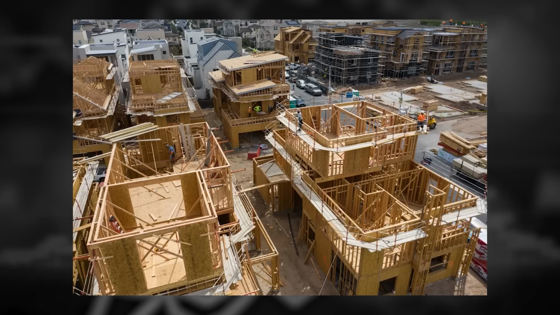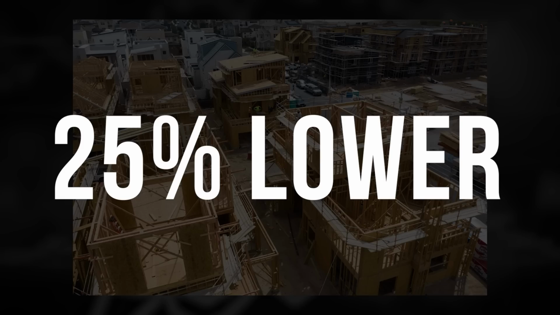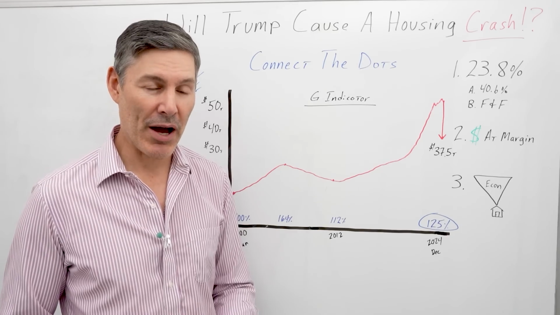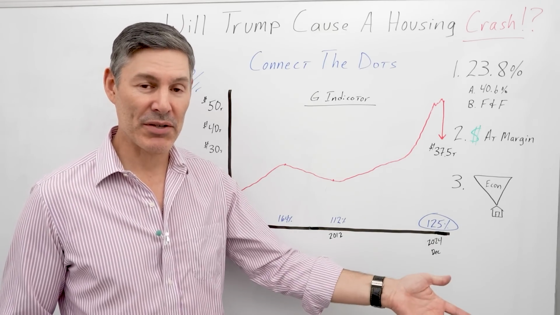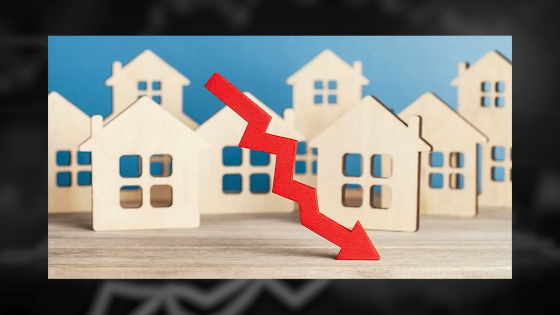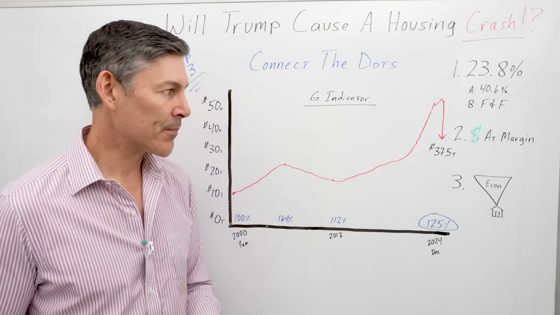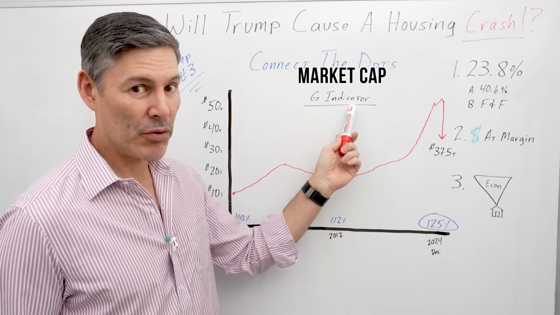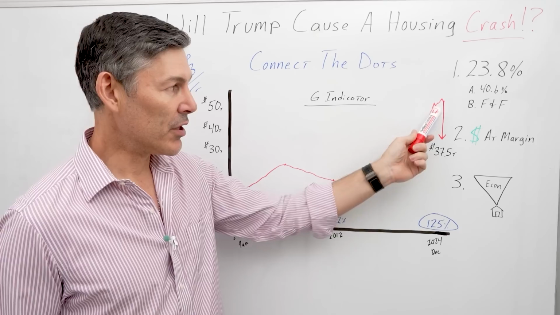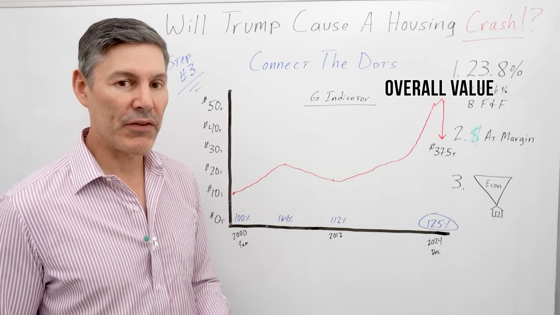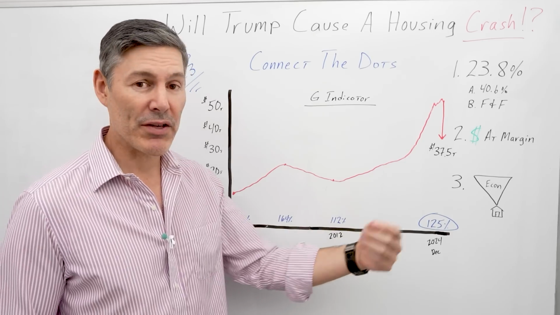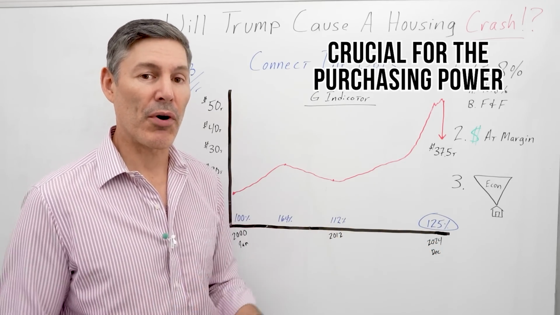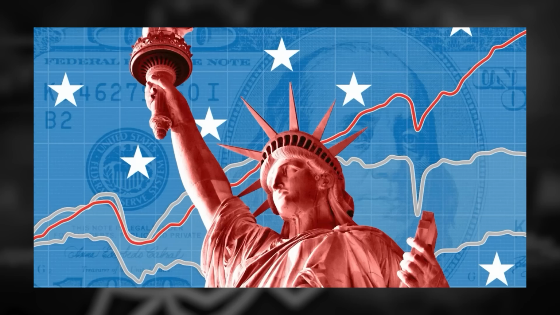So if we have new housing supply coming onto the market that is 25% lower than the existing housing supply, that's going to impact the comps, bringing down all home prices, including the price of your house, whether we like it or not. So how much, let's say, market cap will that reduce from the overall value of the housing market? Because we have to figure this out, because that's crucial for the purchasing power of the American economy.